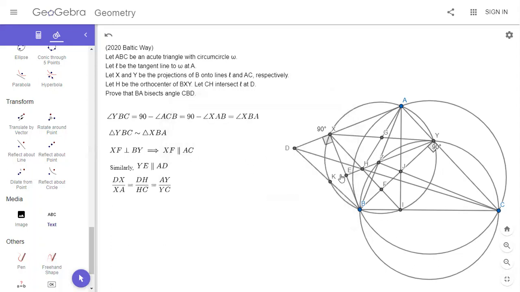So we use both these parallelisms here, and from there it follows that since we knew YBC was similar to XBA, then it follows that ABC has to be similar to EBA.